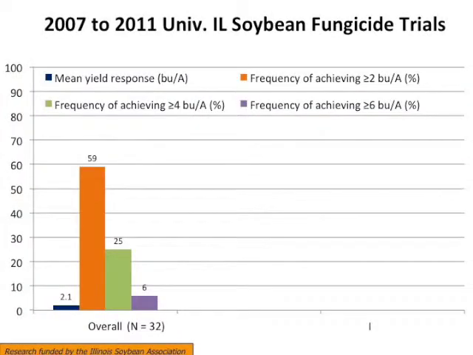So first off, just looking at our overall data, what it looked like in all these 32 environments. You can see again with the blue bar, we saw an average yield response across all these environments of 2.1 bushels an acre. And if we needed around 2 bushels an acre yield response to be profitable, that would happen 59% of the time.